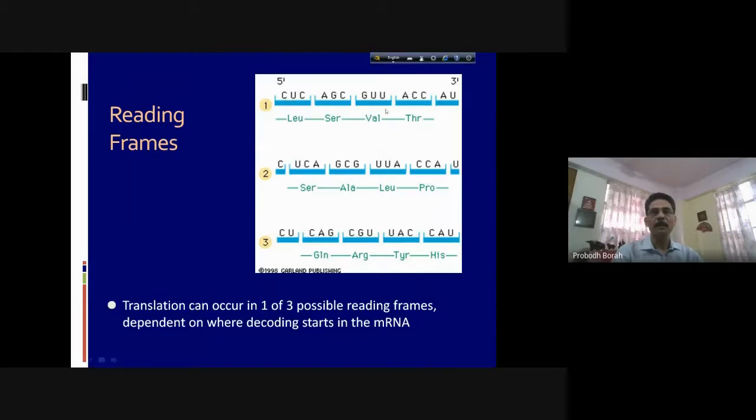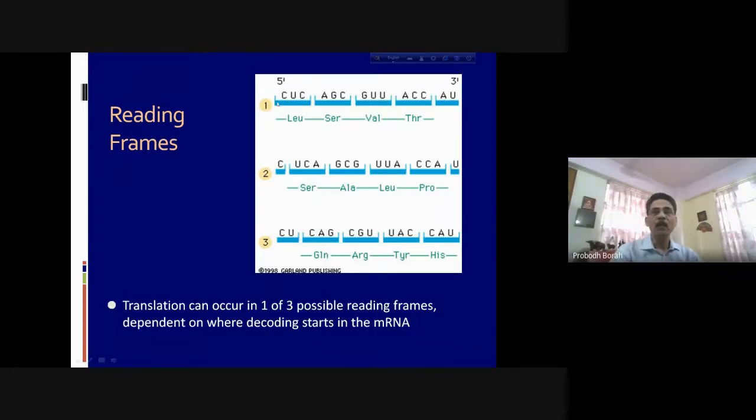It is a part only. This is not the complete gene. We do not know whether this first nucleotide is the first nucleotide of a codon, or it may be a part of the previous codon, or it may be the second nucleotide in a codon or the third nucleotide in a codon. That we do not know. Therefore, there are 3 possibilities of reading this particular sequence.